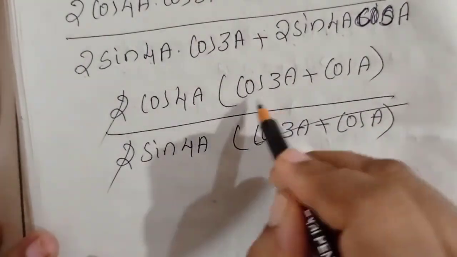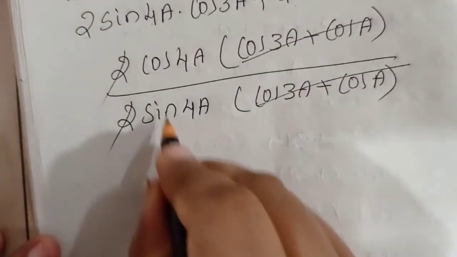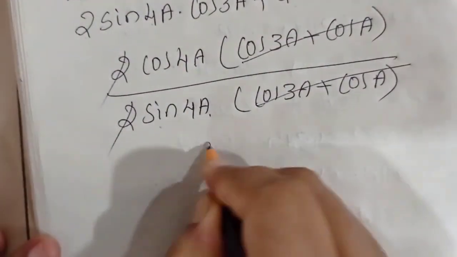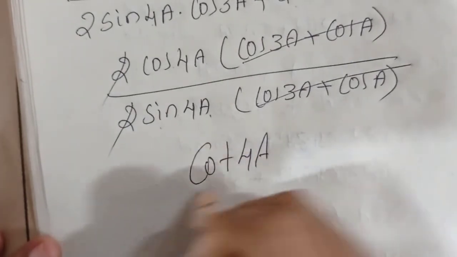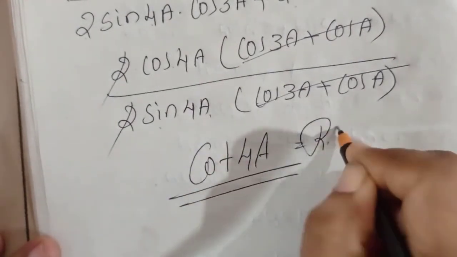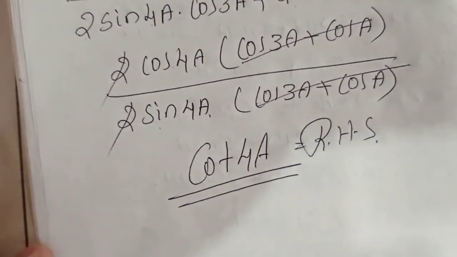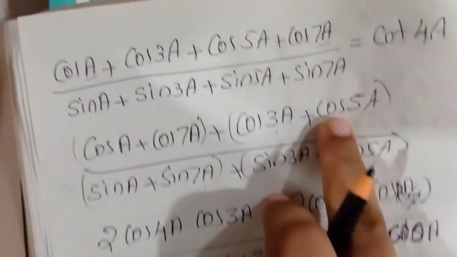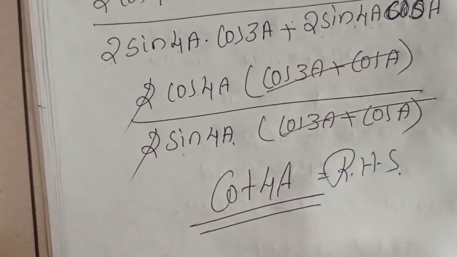Cos 3A plus cos A, cos 3A plus cos A cancel. Cos 4A by sin 4A is cot 4A. That is the RHS. Okay. Here 4 terms. Combine the terms, then apply the formula.